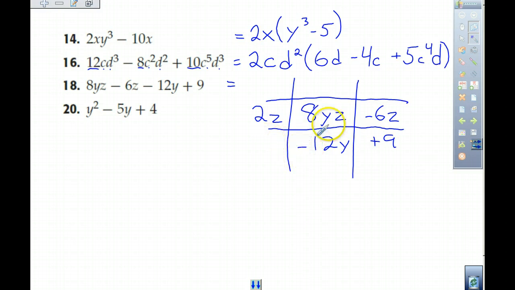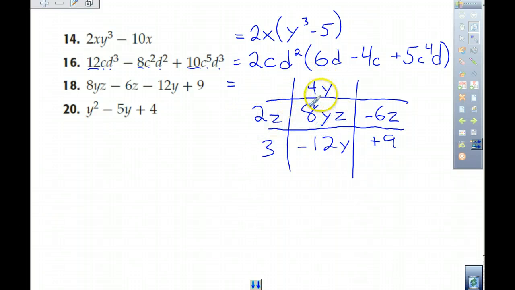What's the GCF of the second row? 3. Okay. GCF of the first column. And we get 4Y. And also, this times this had to equal this.